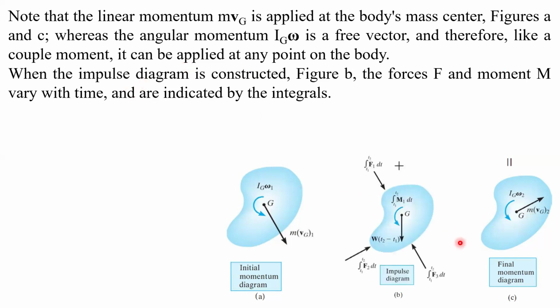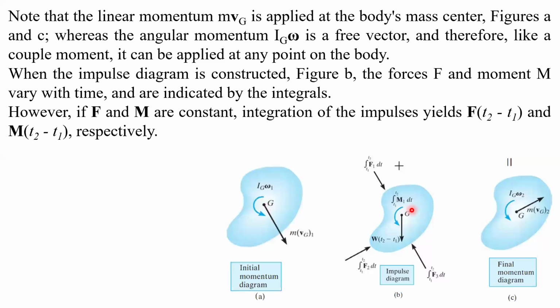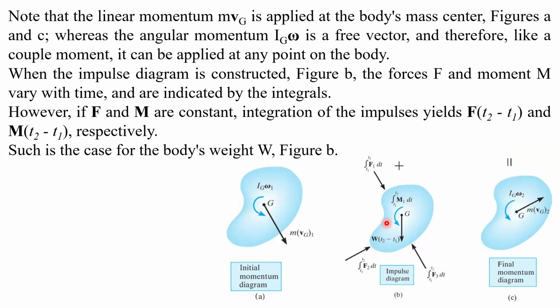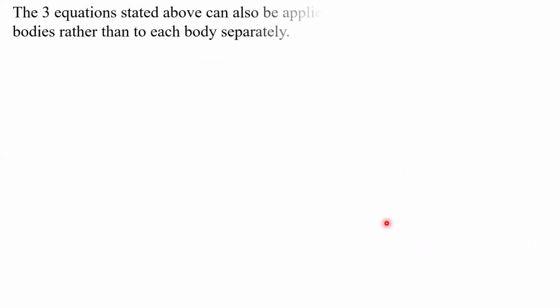When the impulse diagram is constructed as shown in figure B, the forces F and moment M vary with time and are indicated by their integrals. However, if F and M, that is the force and moment, are constant, the integration of the impulse yields F(t2 minus t1) and M(t2 minus t1) respectively. Such is the case for the body's weight.